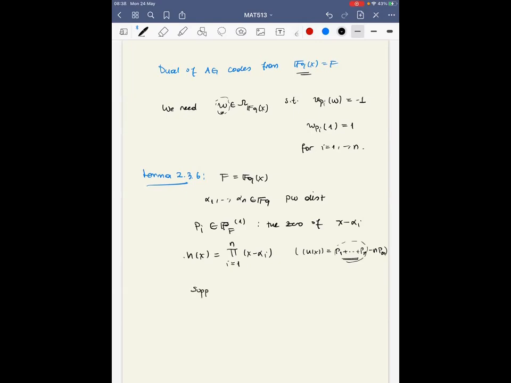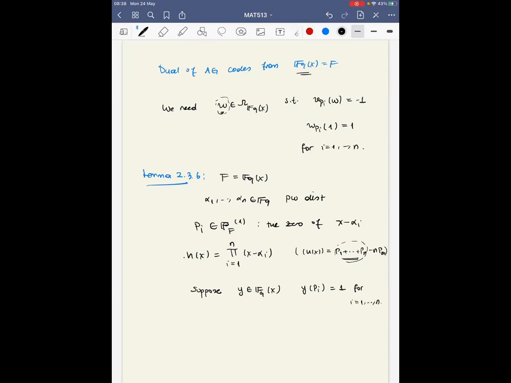And we also consider a rational function whose evaluation at P_i is equal to 1 for each i.